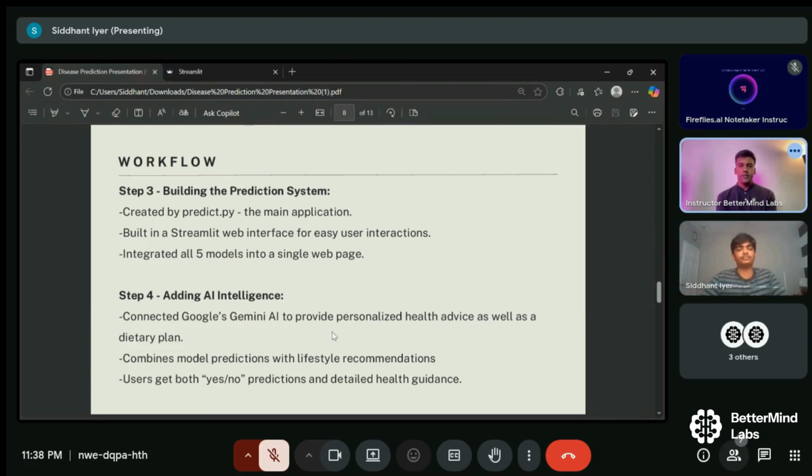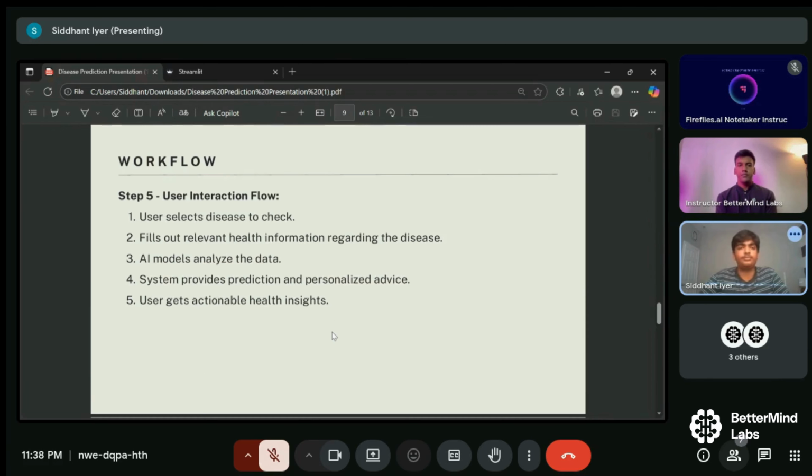The step four was using Google's Gemini. Google's Gemini helped us create health advice after it determined whether the user has the disease or not. So the user gets both yes and no predictions for the disease they want to check for. The user interaction flow first starts with the user selecting the disease they want to check between the five chronic diseases.